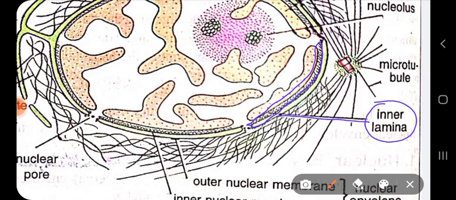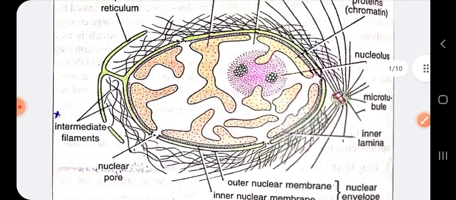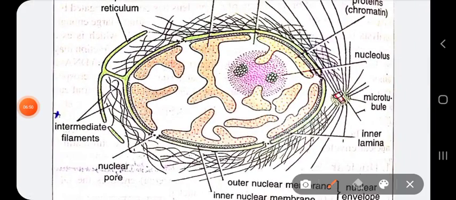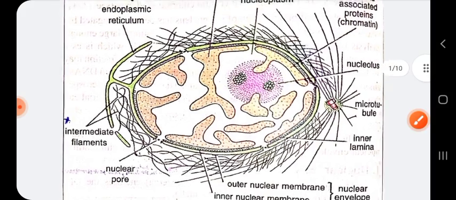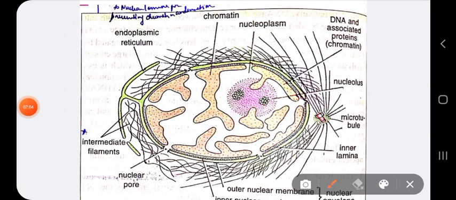It is also composed of the nucleolus, where you can see the pinkish area here. You can see the nucleolus, and the chromatin fibers, which will form chromosomes, closely associated with histone and non-histone proteins.